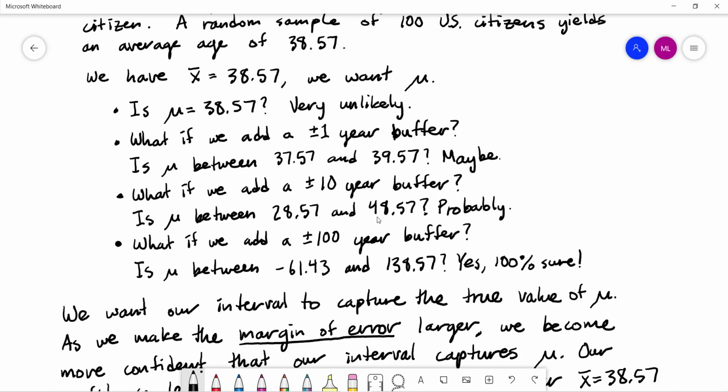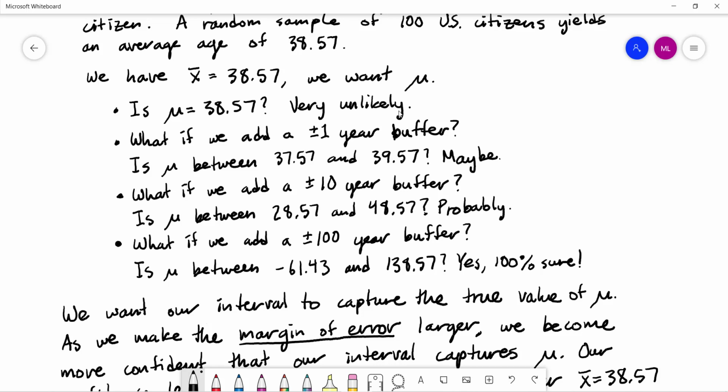That's just common sense. On the other hand, I can guess one single value. I think the average age of a US citizen is 38.57 years. So I've got an answer that's very specific, but I also have a very low level of confidence that I'm right, which makes that number also not terribly useful. So we want to find sort of a trade-off. We're looking for a small enough range that we've sufficiently zeroed in on the correct number.